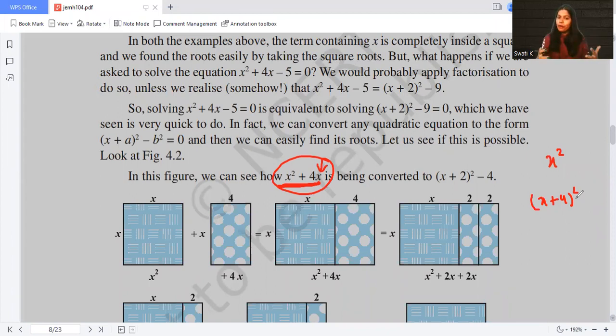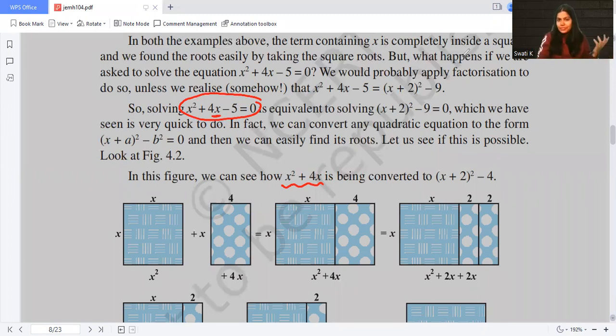Complete square form is something like this, where you have x inside the square. But here you can notice one thing, that this is x square plus 4x. In this equation, this x is in the square, but this x is not in the square. So this is not in that form. Let's understand how we can convert this into a complete square form.